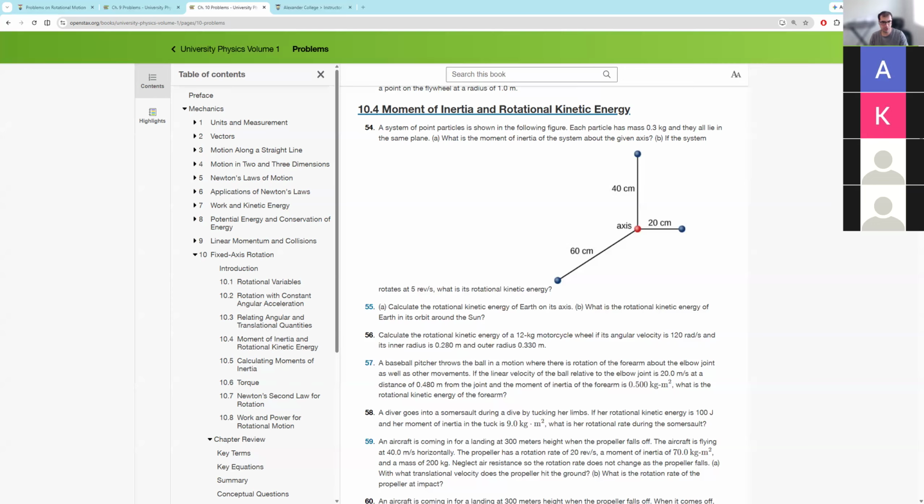There are 3 particles, right? So m1 r1 squared plus m2 r2 squared plus m3 r3 squared. The question tells you that they have exactly the same masses, so m1, m2, and m3 are the same. You can factor out m.